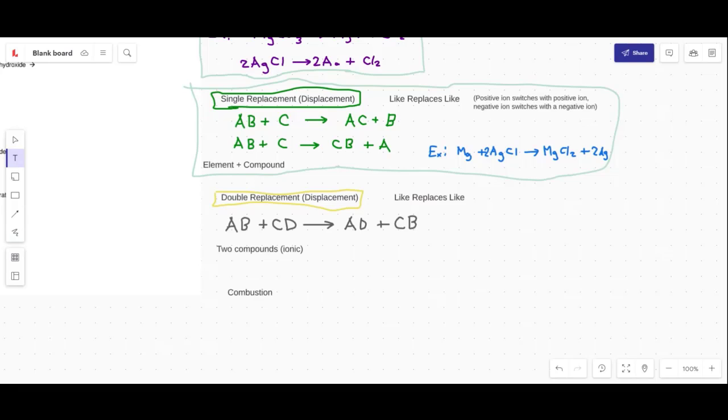And then likewise, I'll do another example for the double replacement reaction. So here's an example for this one.